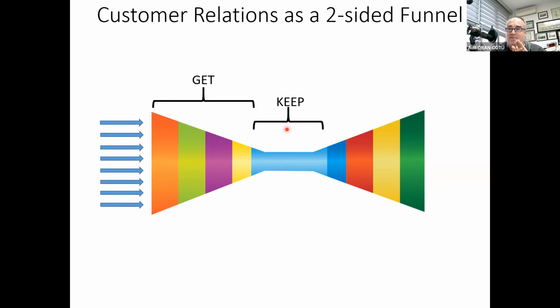And finally, the funnel, which is getting bigger, is about the grow part of the relationship. So how can I make more money from my existing customers? So the get, keep, and grow relationship is representing the customer relations part of the business model.